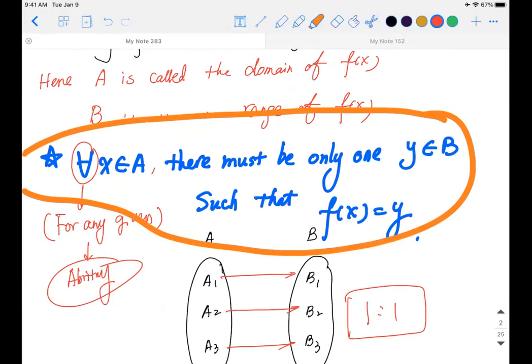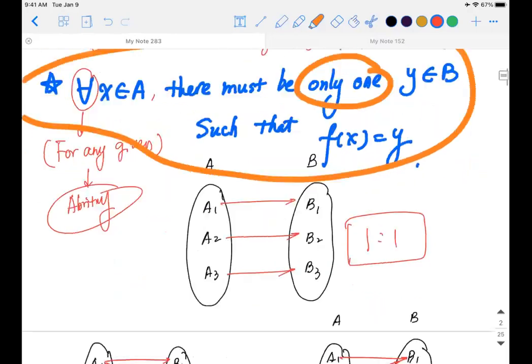So this is more like mathematical language, right? But if I translate it into more human language, what does this mean? If I find an item from A, using your definition, using your relationship, you can find only one mapped item in B. Is that right? If there is one item in A, you must be able to find a mapped item in B. And there must be only one mapped item in B.